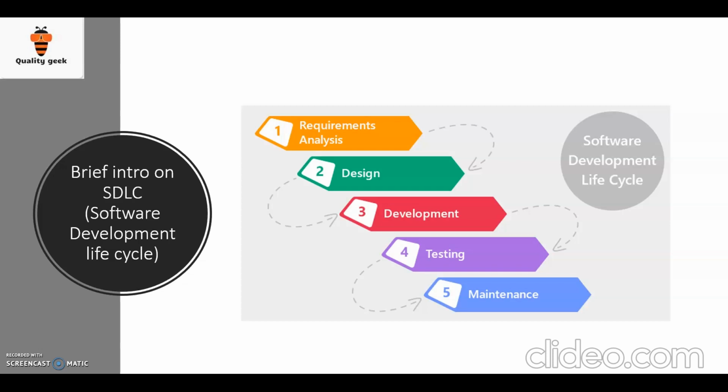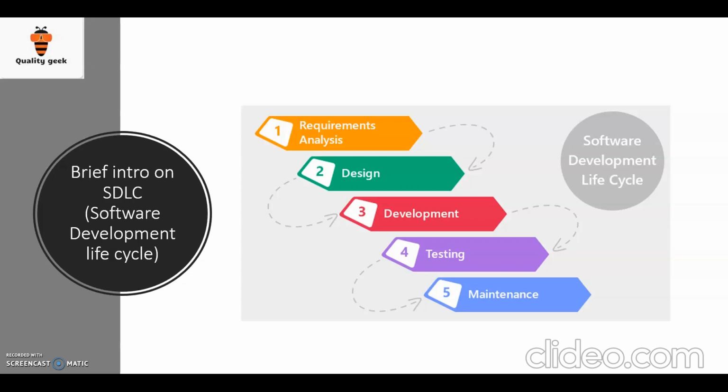So initially, say for example, one of the banking company wants to automate their software. They provide a requirement to the business analyst. The business analyst converts that particular requirement into a specific document, which is also called as SRS. So that particular document is collected and analyzed during analysis phase.